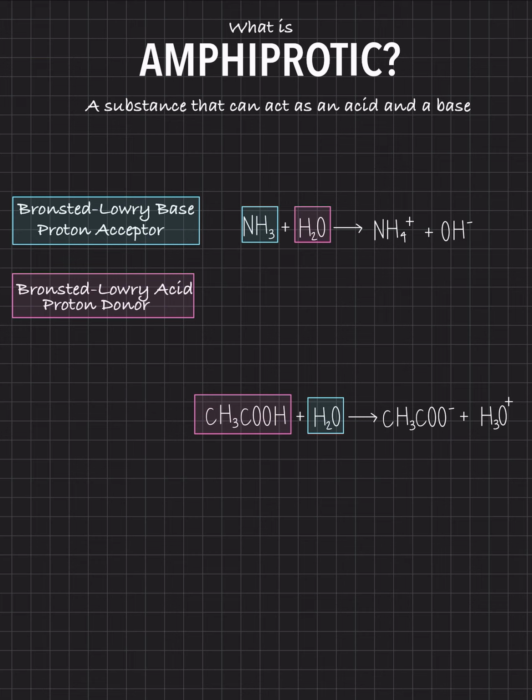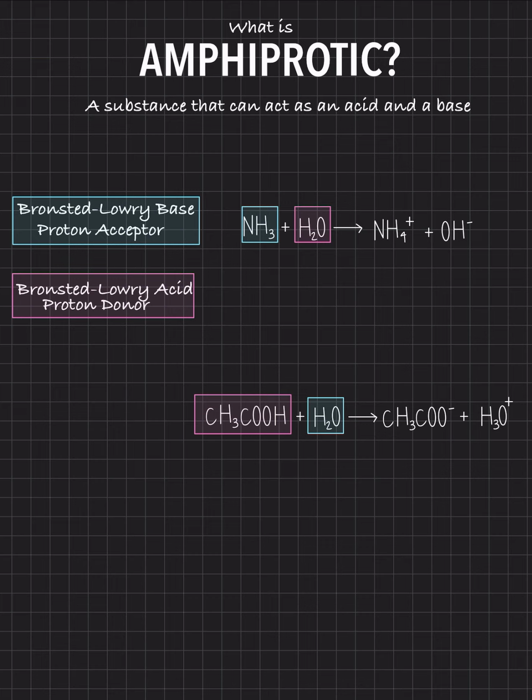So when I compare ammonia and ammonium, I see that ammonia is NH3 and it gains a hydrogen to become NH4 plus, or ammonium. Since it's gaining a hydrogen, it's accepting a proton, it's accepting a hydrogen plus, it is a Bronsted-Lowry base. So NH3 is a Bronsted-Lowry base.